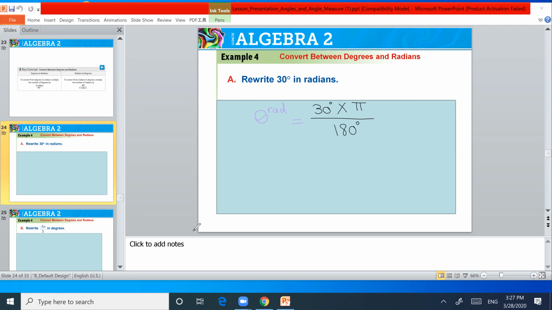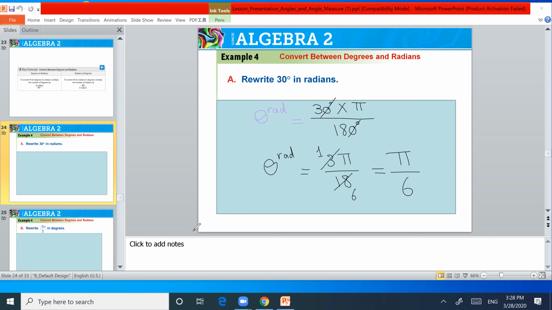Simplify by taking out the zero. So theta rad, or the angle in the radian measure, equals 3 pi over 18. But 3 and 18 are both in the table of 3. Divide by 3: 3 divided by 3 equals 1, and 18 divided by 3 equals 6. So pi over 6. Excellent. So pi over 6 is my answer.